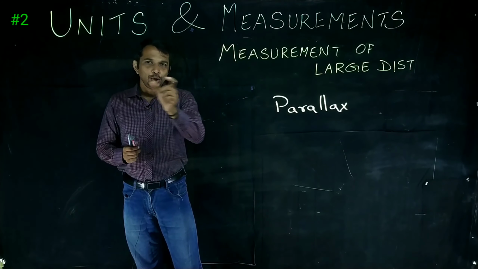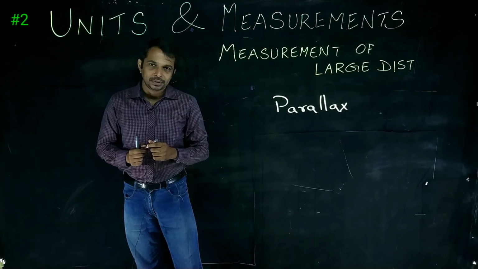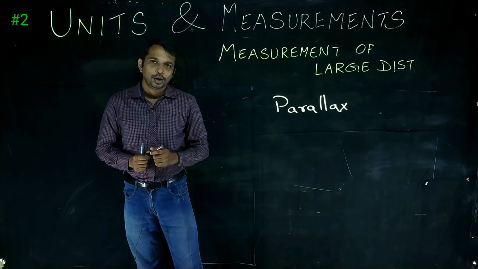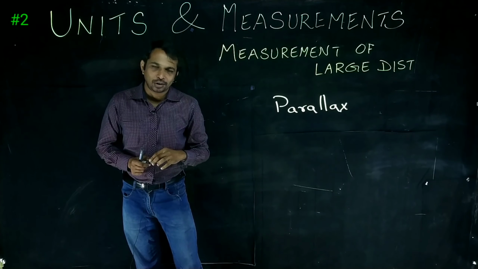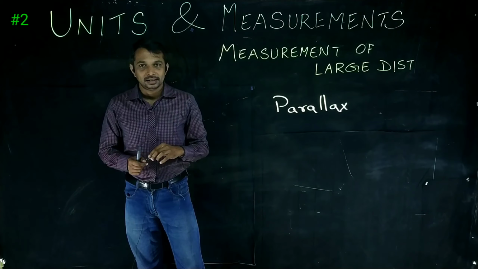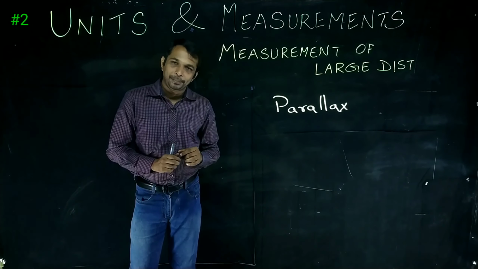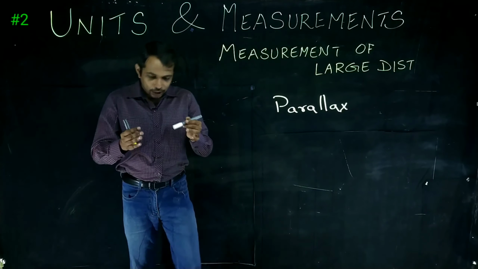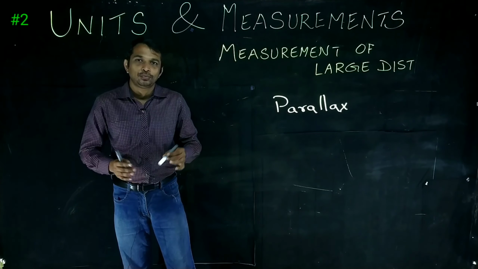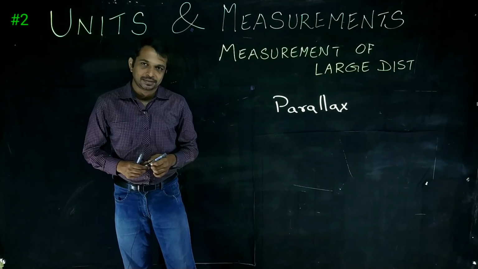Although you didn't change the position of your hand, you might have seen that the position of the pen has got shifted, right? This phenomenon is called the parallax phenomenon. And the shift in that position is actually due to the distance between your eyes. So we are using the same principle here to find out large distances.